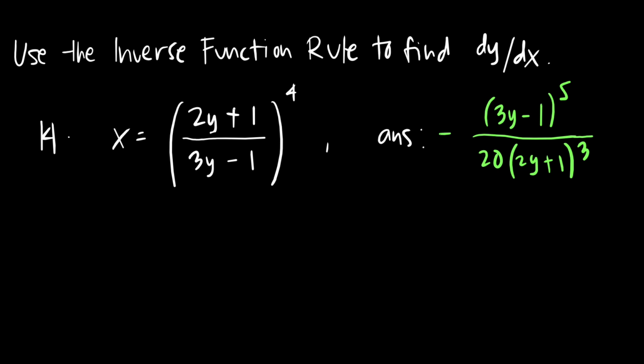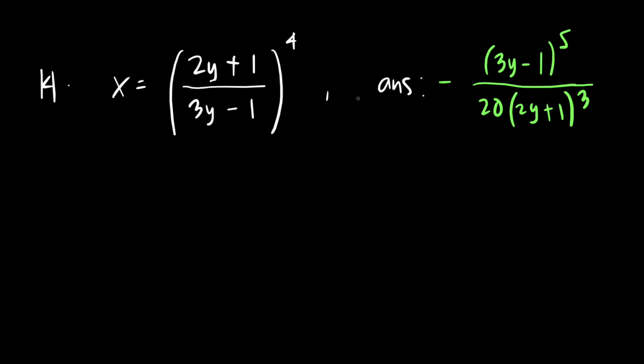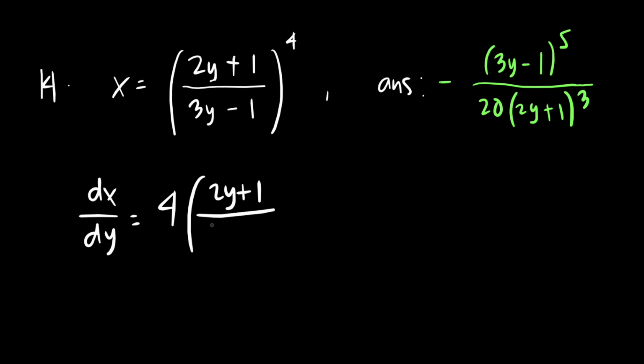Solve for number 14. So we'll find dy over dx by the inverse function rule. So let's have its dx over dy first. So we have 4 multiplied by 2y plus 1, copy. So 3y minus 1. So 4 minus 1 is just equal to 3.